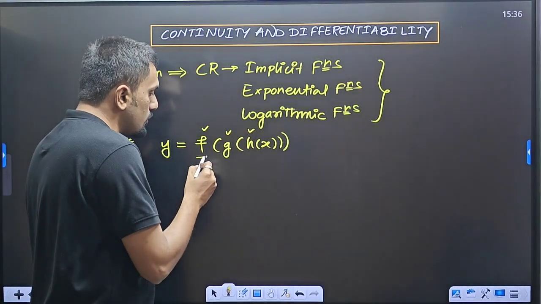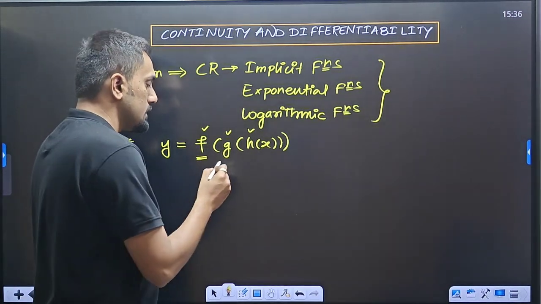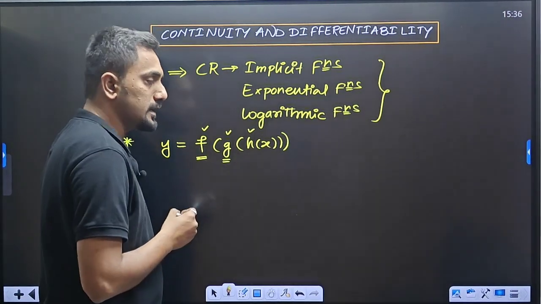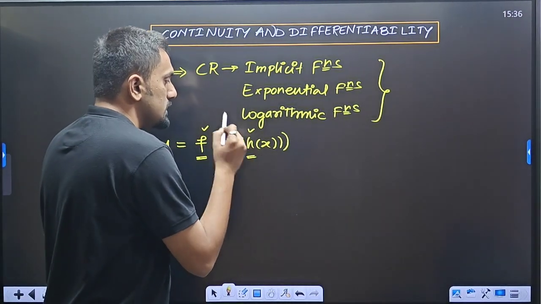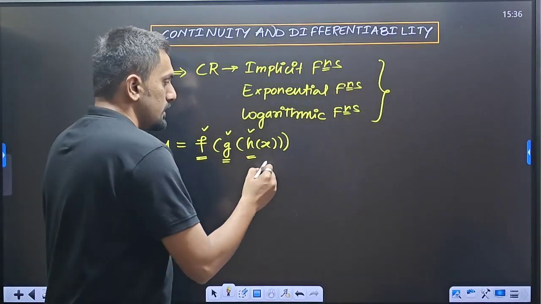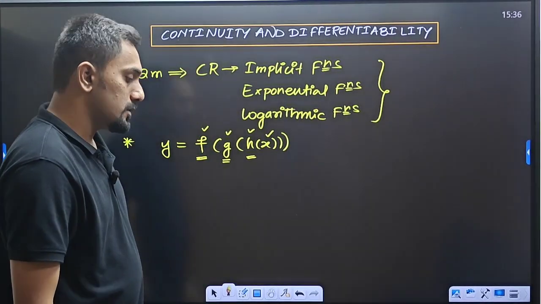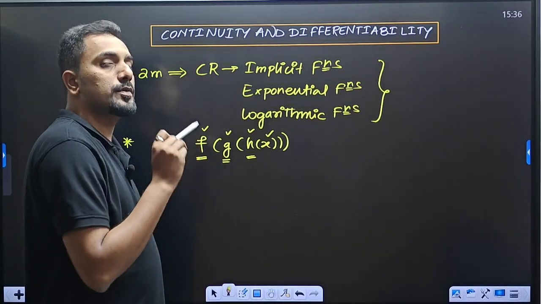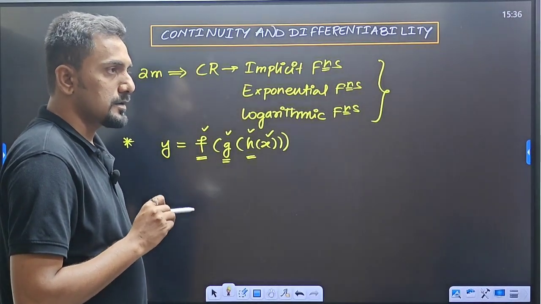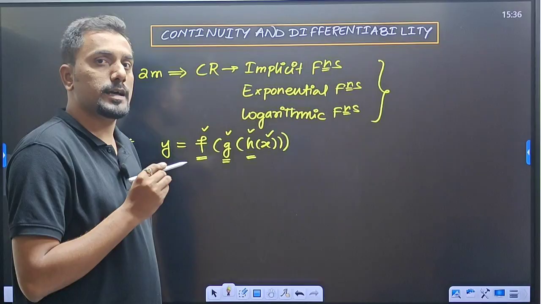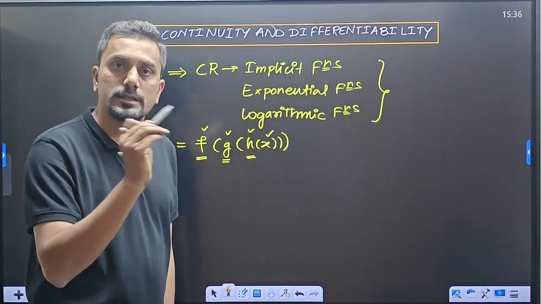What is the outermost function here? F. And the second outermost function is g. The last innermost function is h. Here the variable is x. So within continuity and differentiability, now we will find the derivative with respect to x.